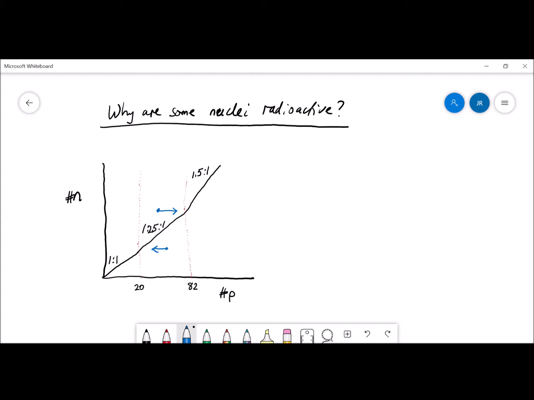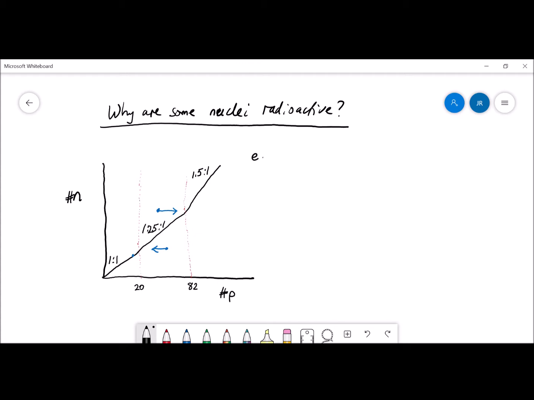And if you're on the line, you're just going to stay there. So that's pretty much one of the important features about radiation. So let's have a look at an example.